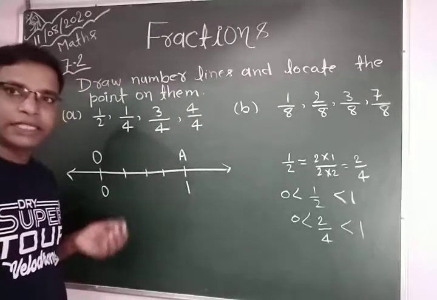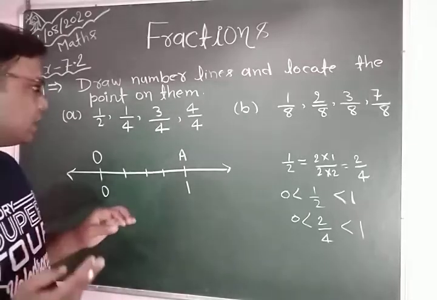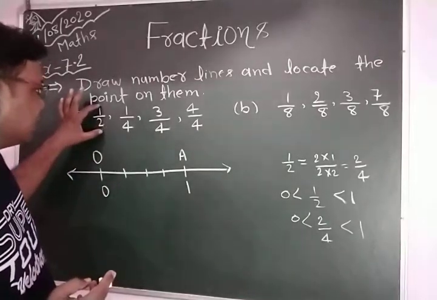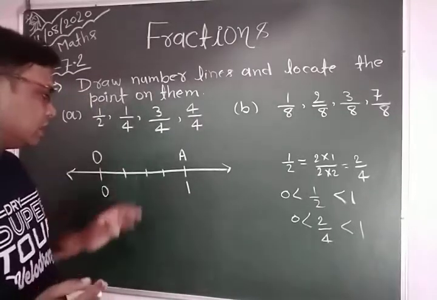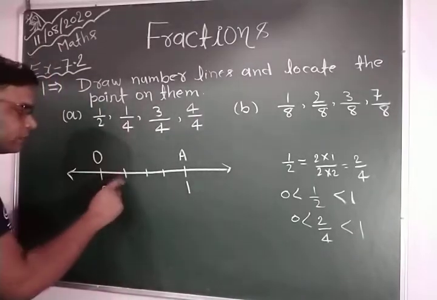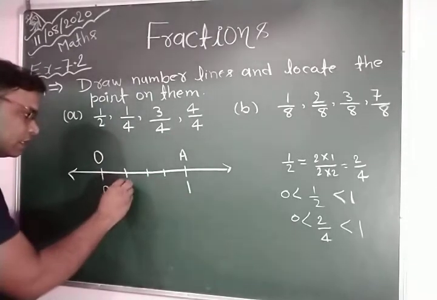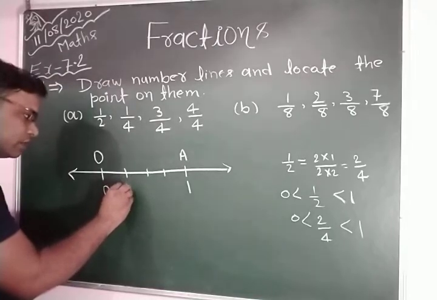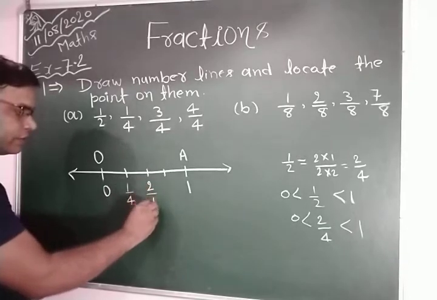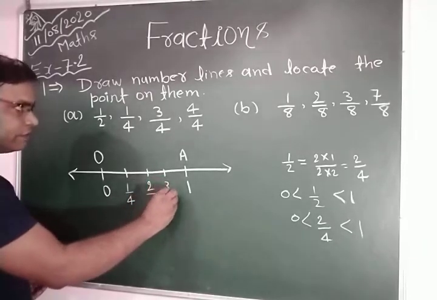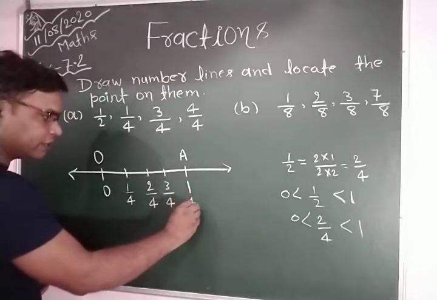So we divide this line segment between 0 and 1 into 4 equal parts, and to represent the fraction 2 by 4, which means 1 by 2, we mark the points. Here this is 1 by 4, 2 by 4, 3 by 4, and this is 4 by 4, which is 1.